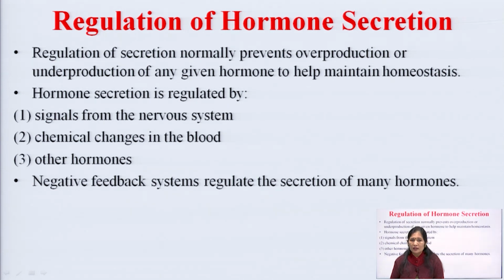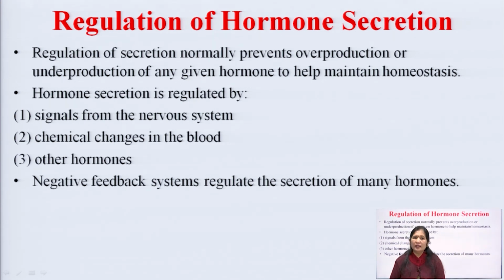Either by the nervous system or by chemical changes in the blood, that is changes in pH, changes in blood volume, changes in the concentration of ions like calcium, which itself regulates the release of parathyroid hormone and calcitonin, and other hormones like we discussed in the previous slide. So, the nervous system, chemicals and other hormones control the secretion of hormones.